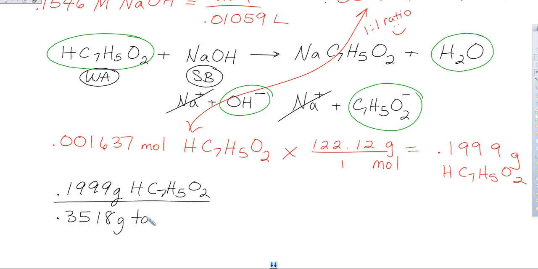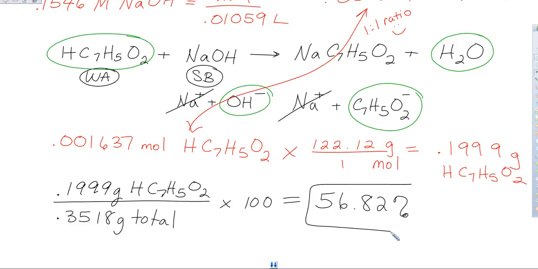Now this is kind of weird, but when you do a percent on the AP test, they do want you to say times 100. It seemed kind of obvious, like, plug in your calculator and just record it as a percentage, but they do want you to say times 100. And if we go 4 sig figs, it's 56.82% acid.